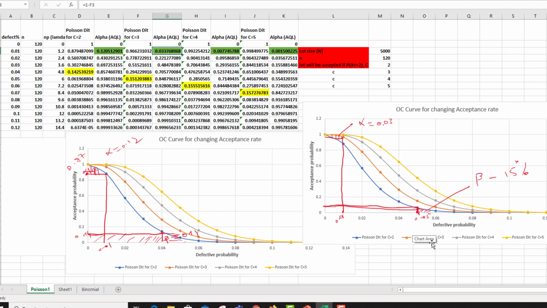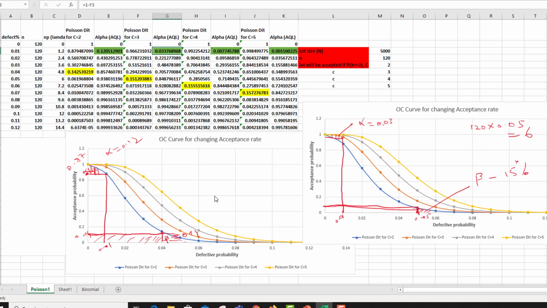You can see when you multiply 120 by 0.05, it will be equal to 6. It means you are producing 6 defective products.